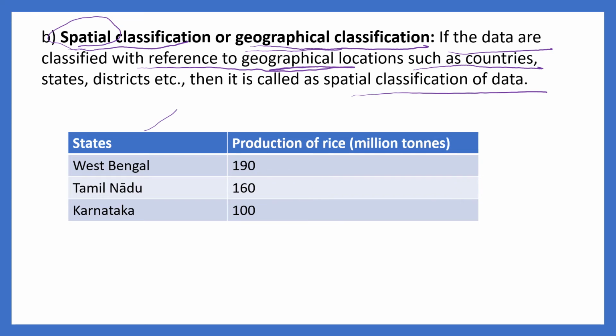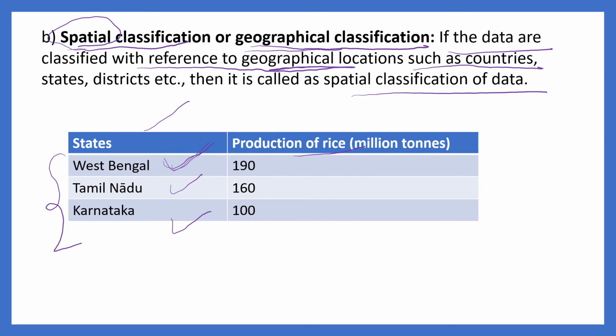Here we have taken state-wise data. The Indian country is divided into different states, and here I have taken 3 states: West Bengal, Tamil Nadu, and Karnataka. Production of rice. So here the production of rice is classified on the basis of area.